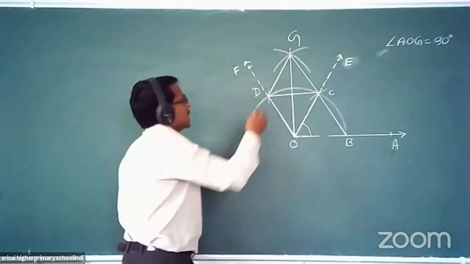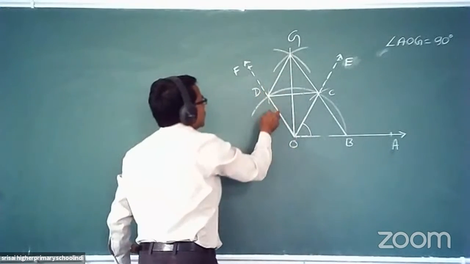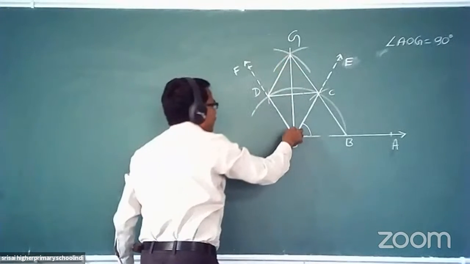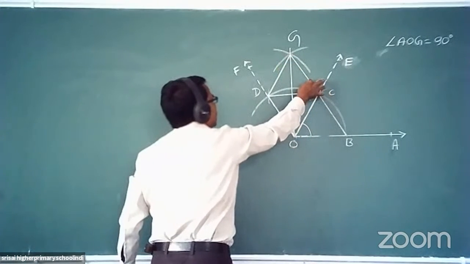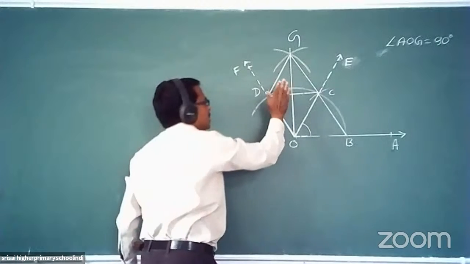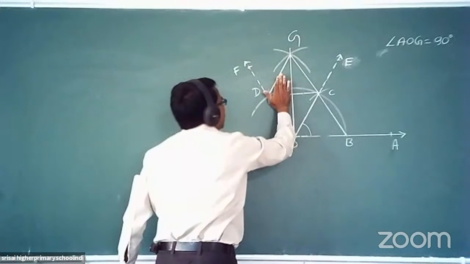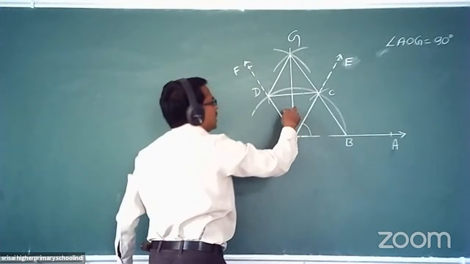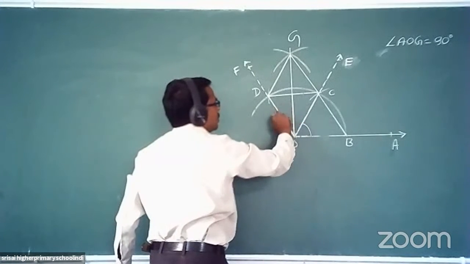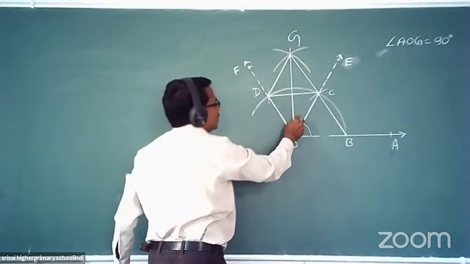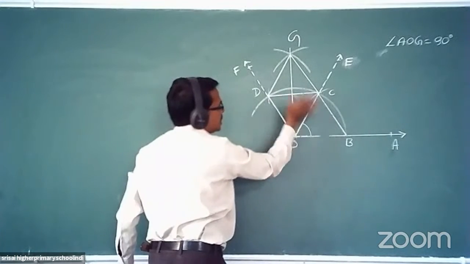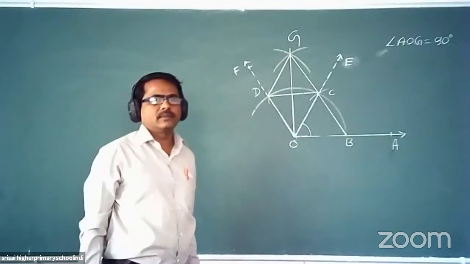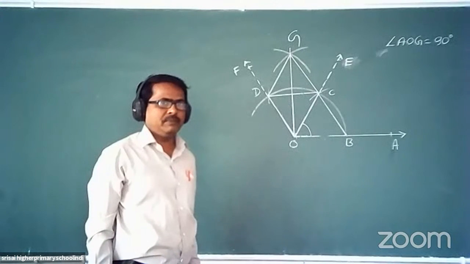So, by side, side, side, and here side, side, side. By SSS, both triangles are congruent. If both triangles are congruent, these two angles are equal. The sum of these two is how much? 60. So each one is 30. This 30 plus this 60 is how much? 90. So, understood clearly?